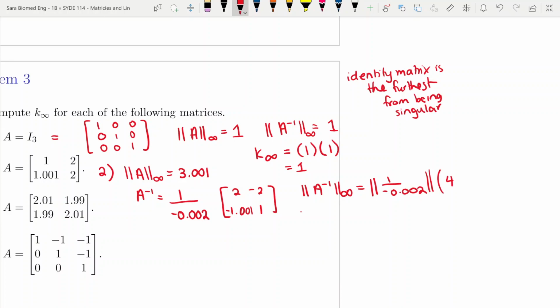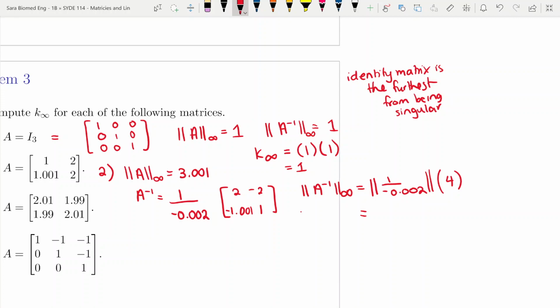And this row is 1.001, 1, so the max is 4. So this term times 4 gives you 2,000.